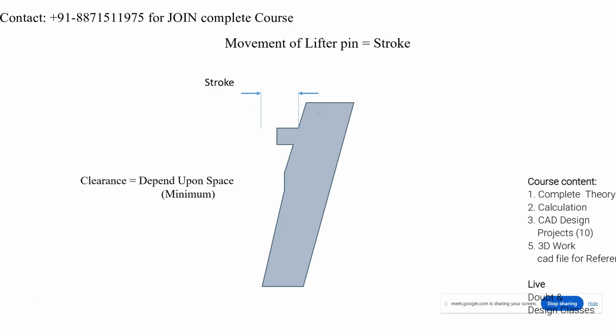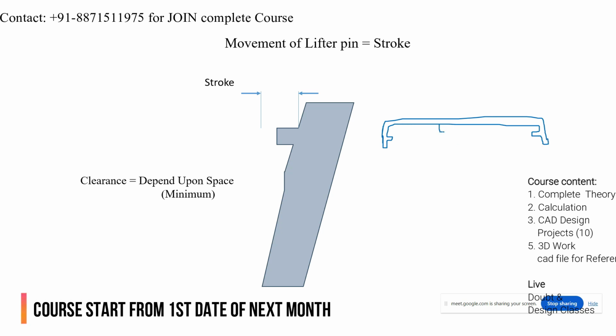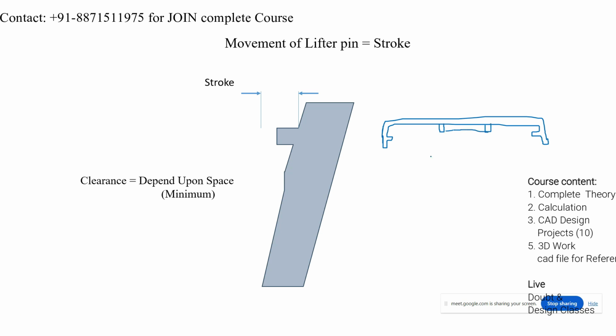For example, you have a component like this, and you have an internal undercut in this component, like this. And for example, you have ribs and gussets in this component like this. If you are designing a lifter here, for example this is the lifter, how much movement can you provide?